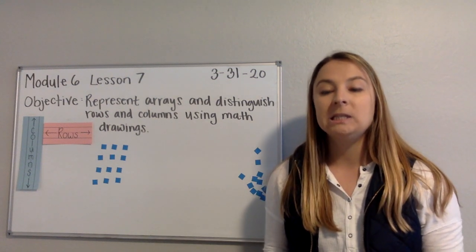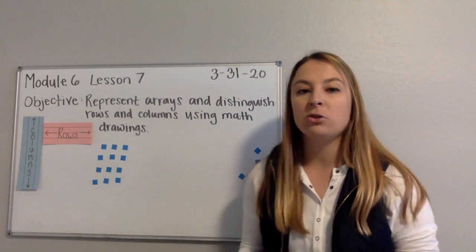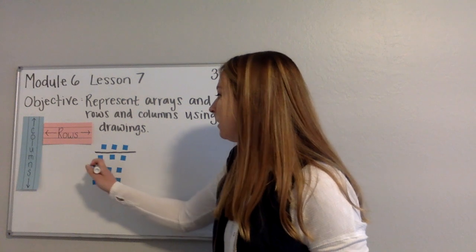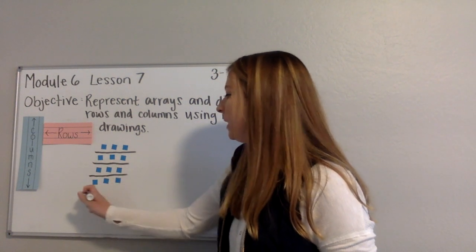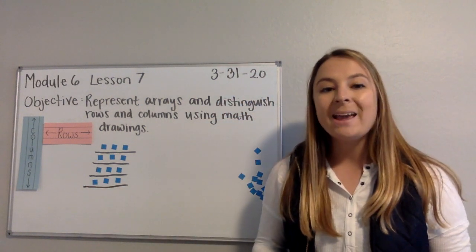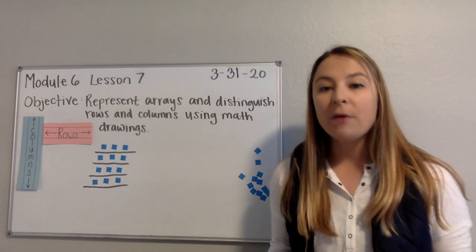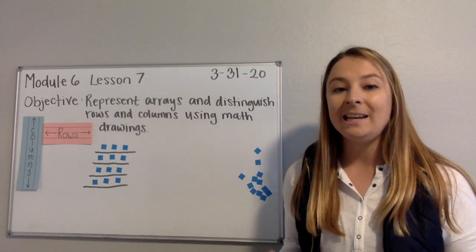If I wanted to distinguish between the rows, I could separate each of the rows by drawing a line underneath each one. Row number 1, row number 2, row number 3, row number 4. And if I was going to write a statement and a repeated addition sentence to figure out the total number of counters in this array, I would have to look at each row.